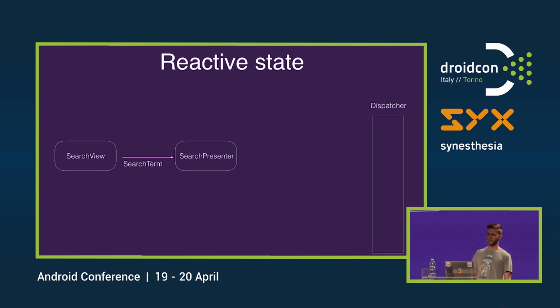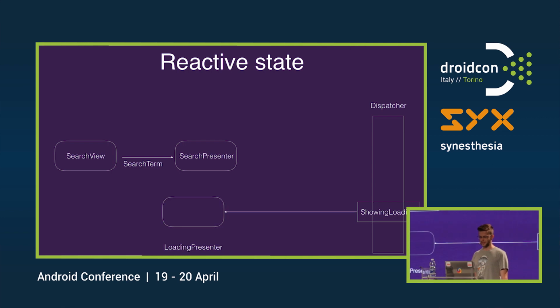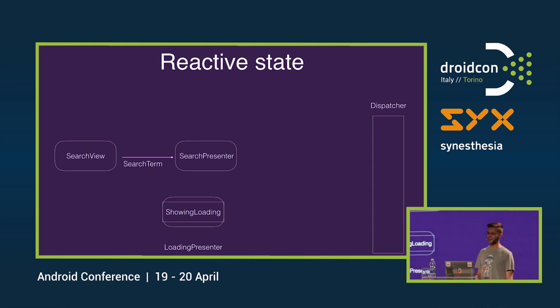And now, when the search view passes a new search term to our search presenter, it can dispatch a show loading state. Our dispatcher can find who is listening for a state of that type, and it can then pass that state to our loading presenter that cared about that state change. The loading presenter is now free to do what it wants with that state change.